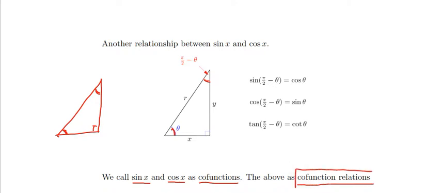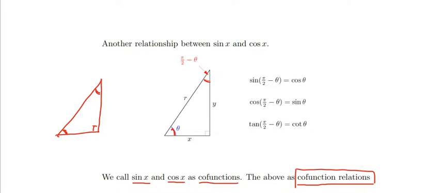So this angle's sine equals that angle's cosine. If this angle is theta, then the other one is pi over 2 minus theta, because these two angles together make pi over 2.